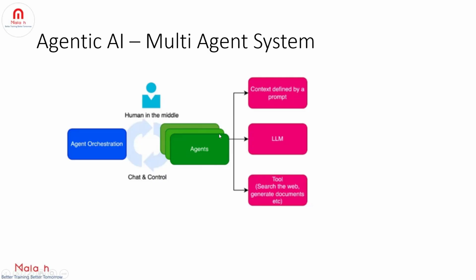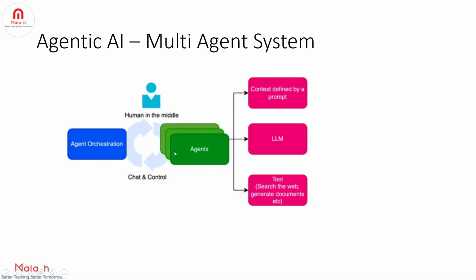For example, let's go to the internet and search the web, and convert that to a markdown format. And you already know LLMs are markdown friendly, right? So for example, let's say we want to use an open source model like Mistral to do this task. And let's say another agent, agent 3, can write SQL queries. Maybe we want to use another open source model like Qwen to do this task, right?